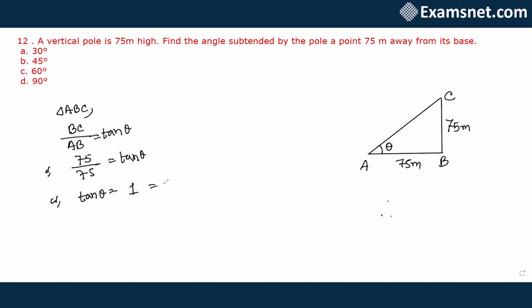Now, do remember at what angle we get the tangent value as 1, that is tan 45 degree. So from here we can see theta equals 45 degree. That means the angle subtended by the pole from a point that is 75 meter away from its base is 45 degree. Option B is the correct one.